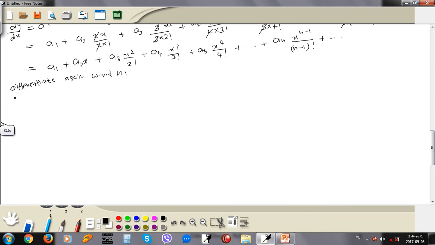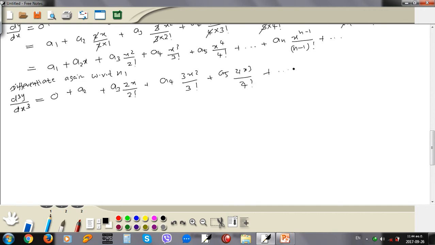Then d squared y over dx squared equals, if we differentiate this one, that is 0, then a2 multiplied by 1 plus a3 2x over factorial 2, a4 3x squared over factorial 3, plus a5 4x cube over factorial 4, plus an n minus 1 x to the power n minus 2 over factorial n minus 1, up to infinity.